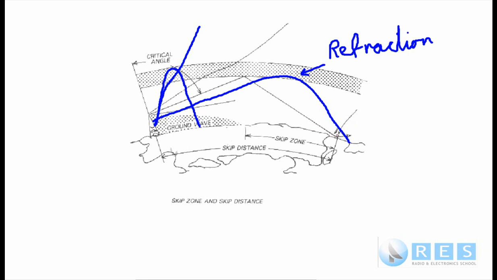A wave is reflected from the Earth because the wave hits the Earth. The Earth is a conductor. The wave hits the Earth and immediately is reflected off, whereas refraction is a slow bending, and if that slow bending isn't fast enough, our wave escapes to space. If there's enough bending, or our frequency is low enough, there will be refraction and our wave will return to Earth.